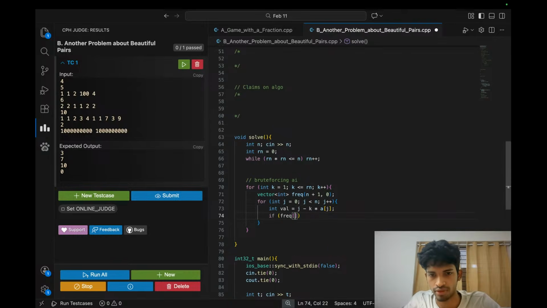If frequency of val less than... what about 1-based and 0-based index? Is it fine? Yeah, that should be fine.